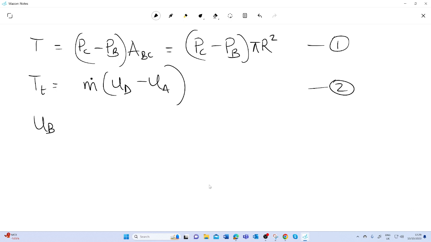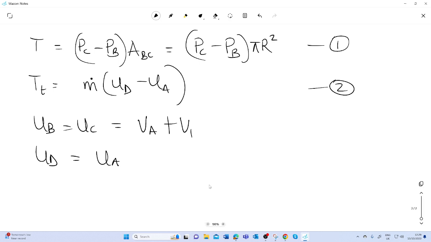UB equals UC, which is UA plus V1, and this is the induced velocity. UD equals UA plus V2.